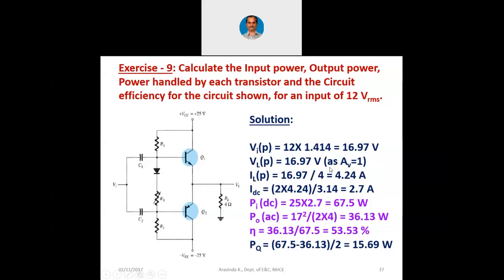Now how do we say the voltage gain is 1 here? Can anybody tell me how do we say that the voltage gain here is 1?